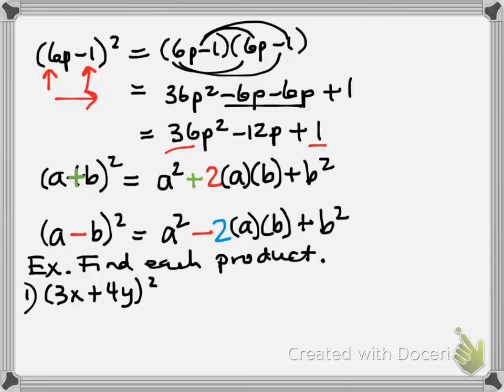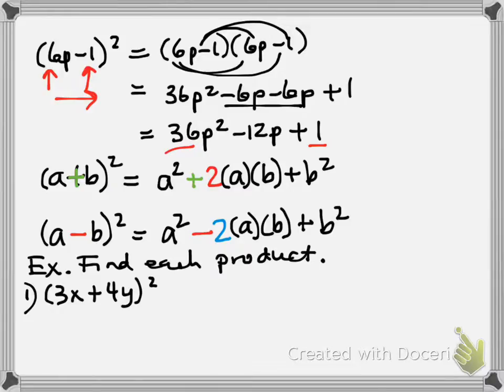See if you can apply the shortcut, the pattern, to this problem. If you can't, you can always expand it out and multiply it that way. But what I want you to try to do is apply the pattern. So what do we do to the first term? What do we do to get the middle term? What do we do to get the end term?